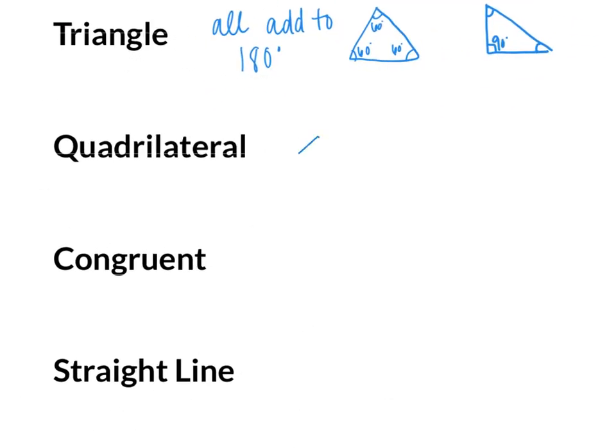Quadrilateral, this is any four-sided figure. We have rhombuses, rectangles, squares, but the angles within a quadrilateral, a four-sided figure, all add up to 360 degrees, always, okay?